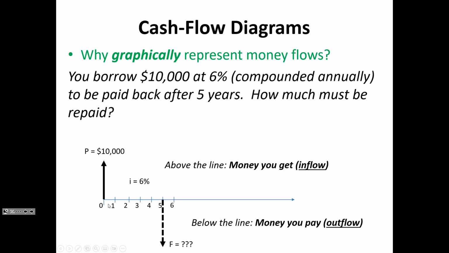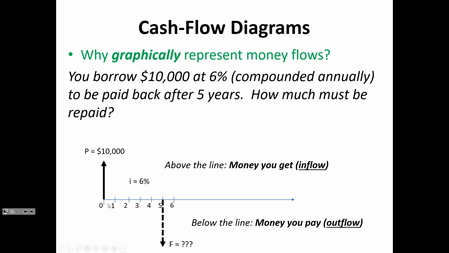If we count the number of years, here's year 1, year 2, and so year 2 begins at the end of the first year, and it extends through the end of the second year. And so 2 is a single instant in time. It means the end of the second year. But the second year is a period, and so it has length on the cash flow diagram.